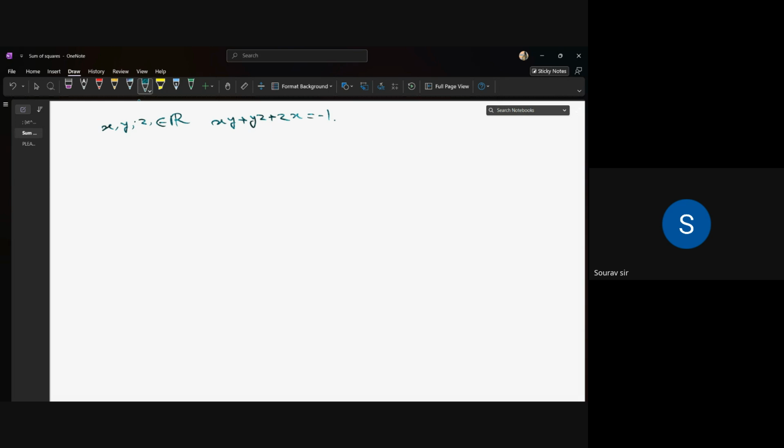Now we have to prove that x square plus 5y square plus 8z square is greater than or equal to 4. Okay. So how can we do that?